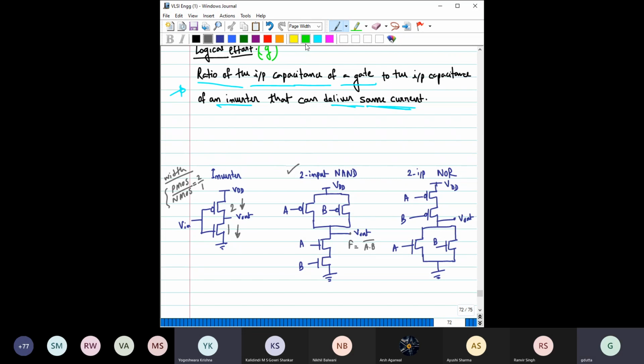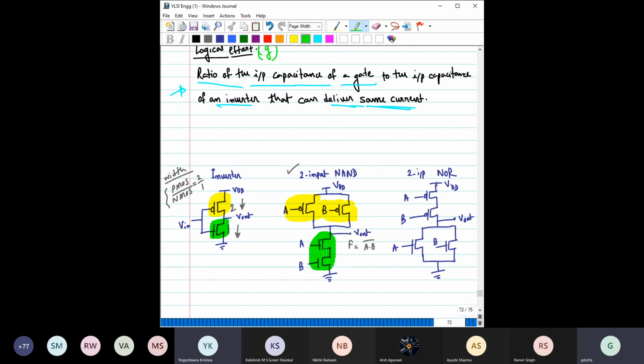Are you getting my point? The driving capability of this PMOS has to be the same as that of the inverter, and similarly the driving capability of this NMOS group has to be the same.